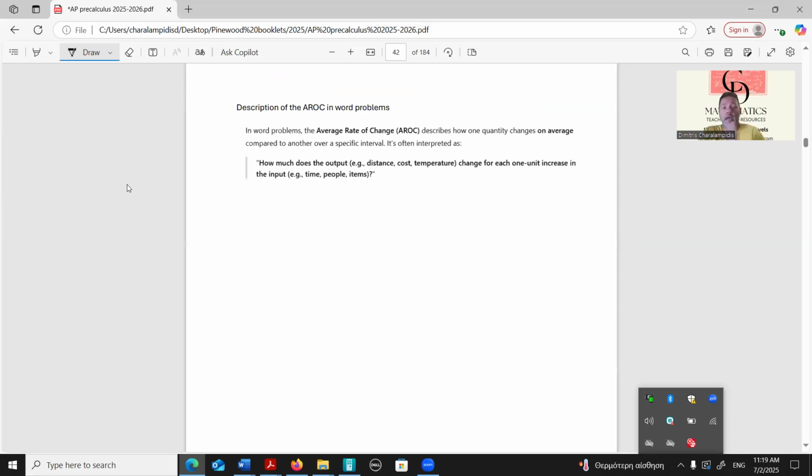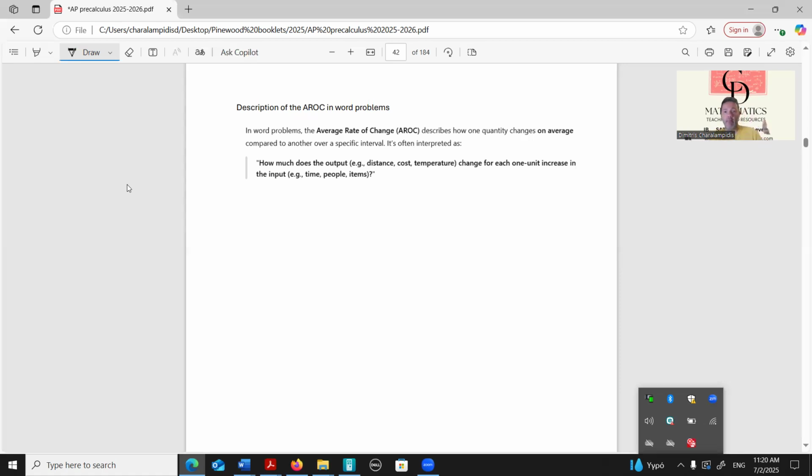In word problems, the average rate of change describes how one quantity changes on average compared to another quantity over a specific interval. It is often interpreted as how much the output value, which could be distance, cost, or temperature, changes for each 1 unit increase in the input, where the input could be time, people, or items.